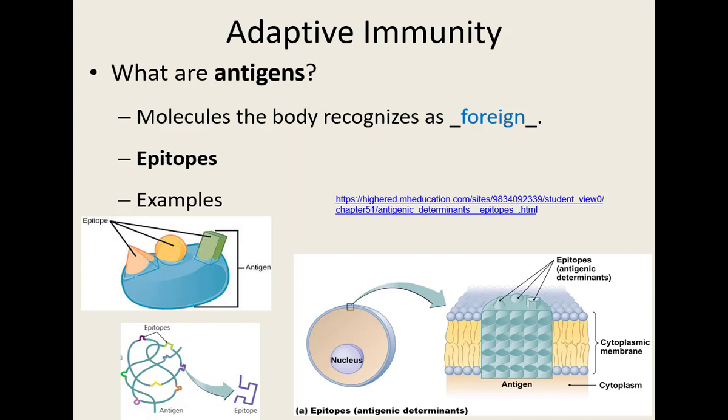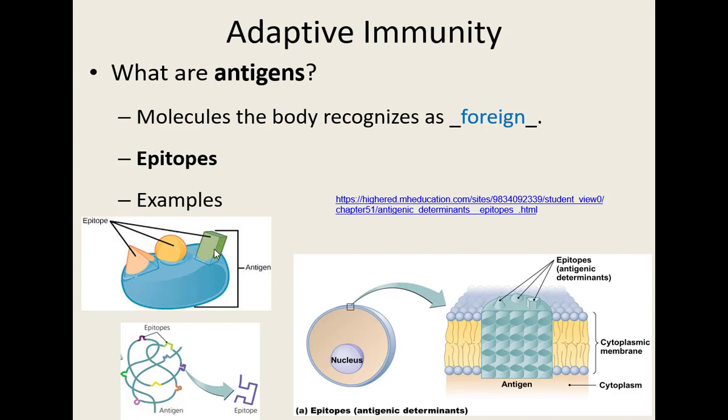So the whole object itself, my random object up here, that big blue blob with the red triangle, orange circle, green square, they do have epitopes on it.